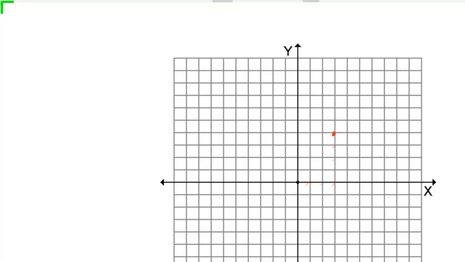So this was vector A. And let's say we'd like to figure out what the angle is in standard position. So standard position is measured counterclockwise off the positive x-axis. So this angle we'll call theta.